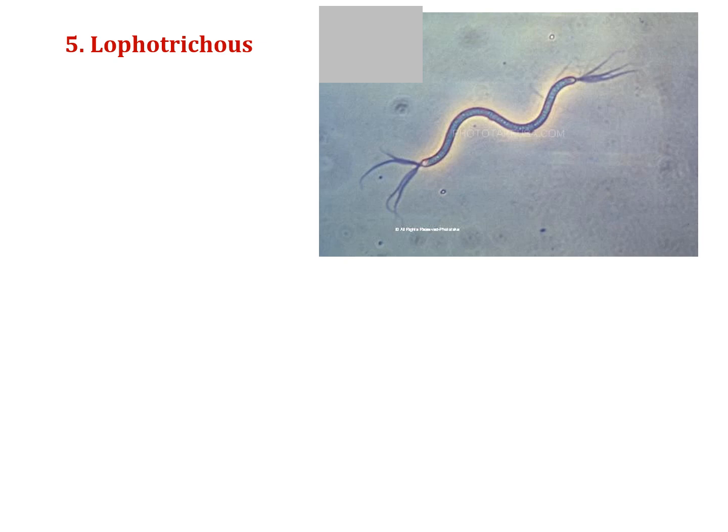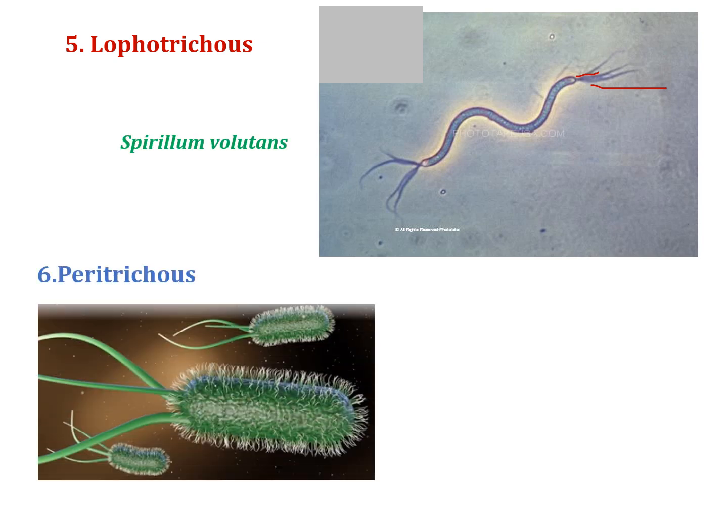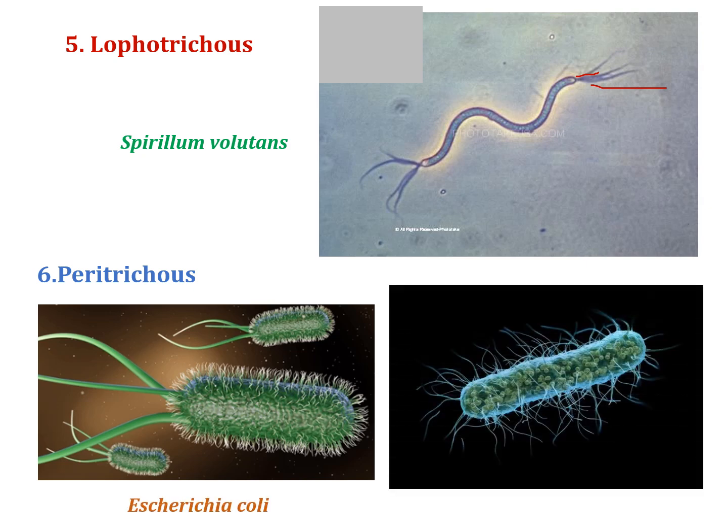Okay, it is the both end cluster of flagella. Peritrichous, flagella distributed all over the surface. Escherichia coli, and the name is Clostridium tetani. Okay, here you see this flagella. Here also, but it is a zoomed out version. Here also flagella.